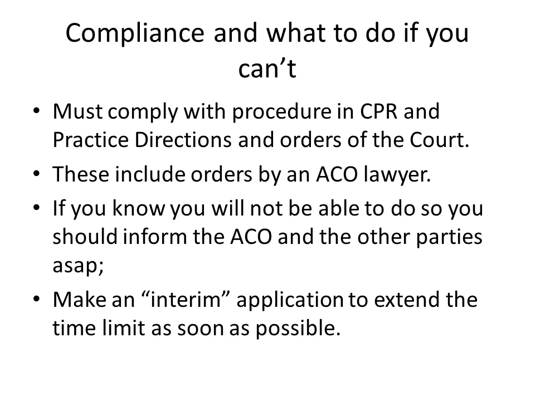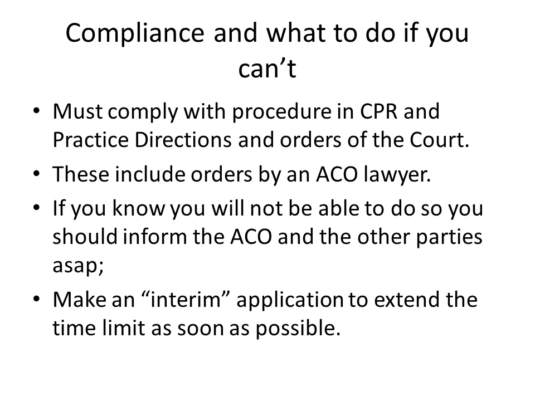Remember that the procedural rules are there to be complied with. There'll be some occasions on which you cannot comply. And I want to say something about what you should do if it becomes obvious that you're not going to be able to comply with the requirement of the procedural rules or with an order. The first position has to be that you must comply with the procedure in the civil procedure rules and practice directions and the orders of the court. Now, these include orders given by an administrative court office lawyer, and we'll talk about that in a minute.